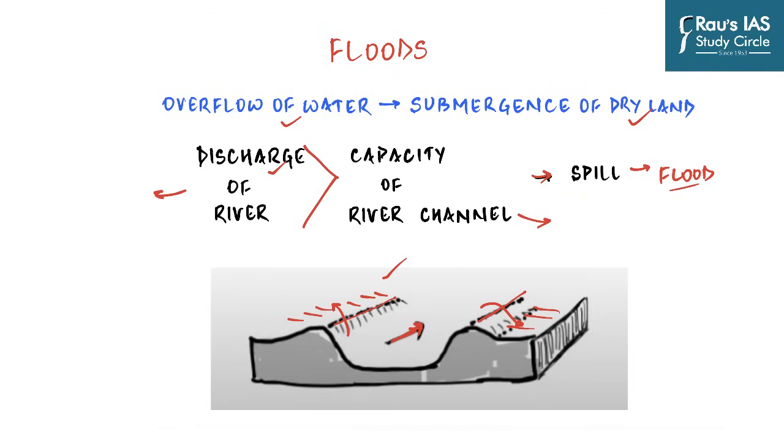So for example, if there is a sudden cloudburst which results in massive rainfall in a very short period of time, then of course you have a massive increase in the discharge or the flow of the river, while there has been no change in the capacity of the river channel to hold that extra water. And so where is that extra water going to go? It is of course going to spill over, right? So that is the left side of the equation.